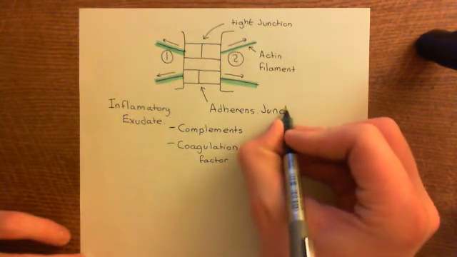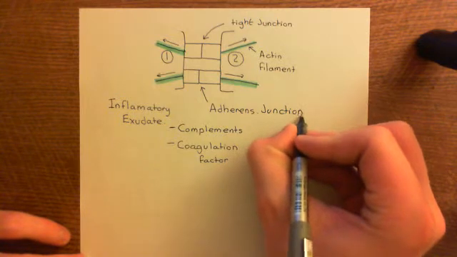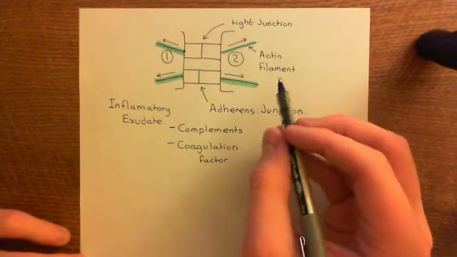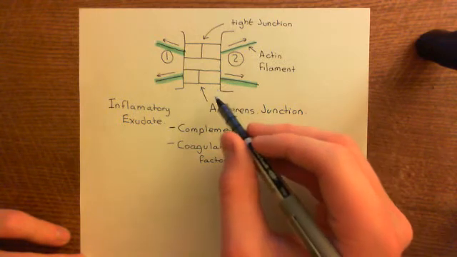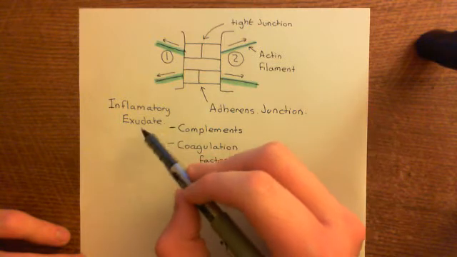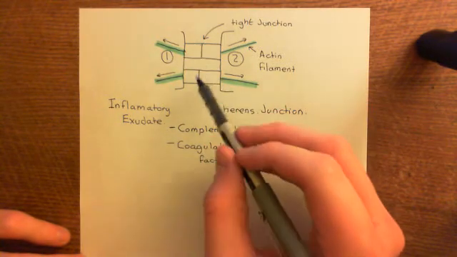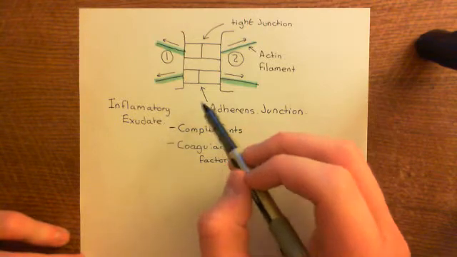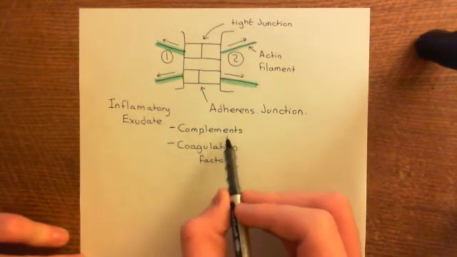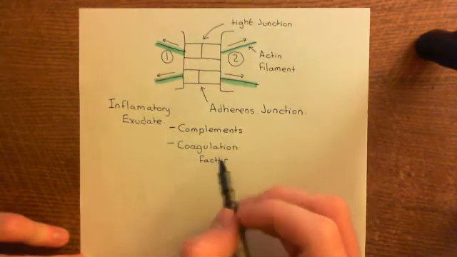Okay, right. So that allows fluid from the blood to move out of the blood through this gap into the interstitial fluid, and within this inflammatory exudate, as it's called, which is the name for this fluid leaving the bloodstream and going into the interstitial fluid, there will be complement proteins and coagulation factors.